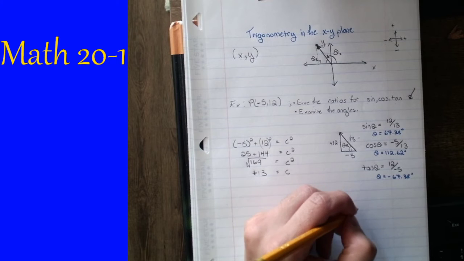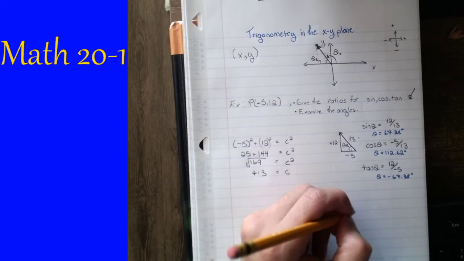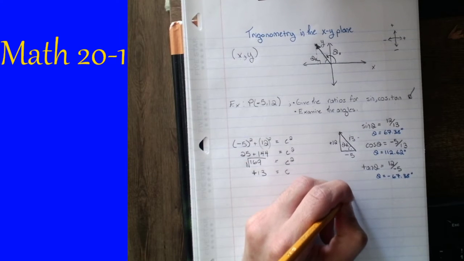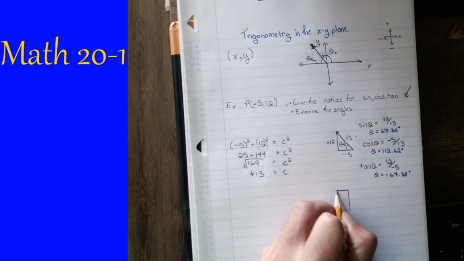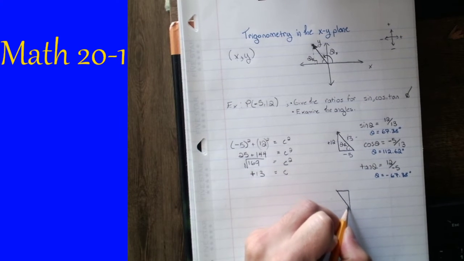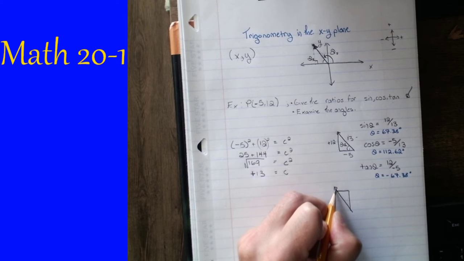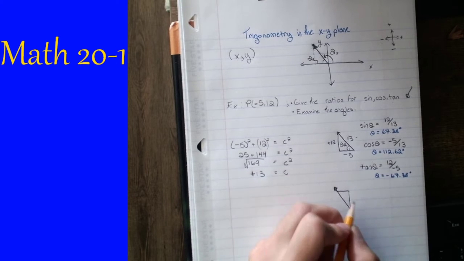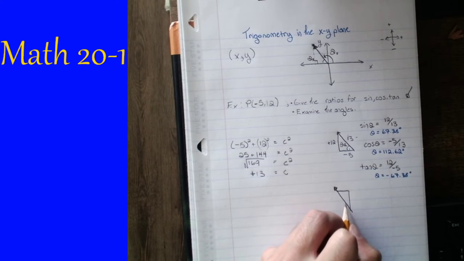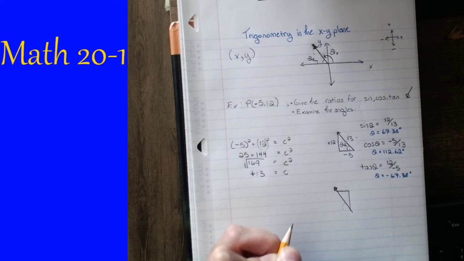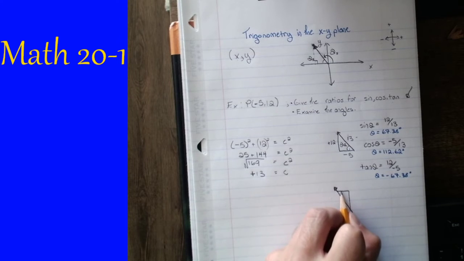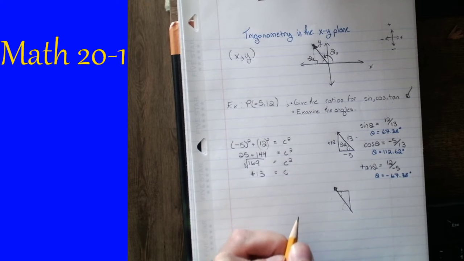Just by comparison, how you would not do that would be if you went up 12 and then over 5. You'd end up on the same point, but now your triangle is fundamentally different. You'd have to consciously make the effort to draw that as your reference angle, or this here due to the Z rule.